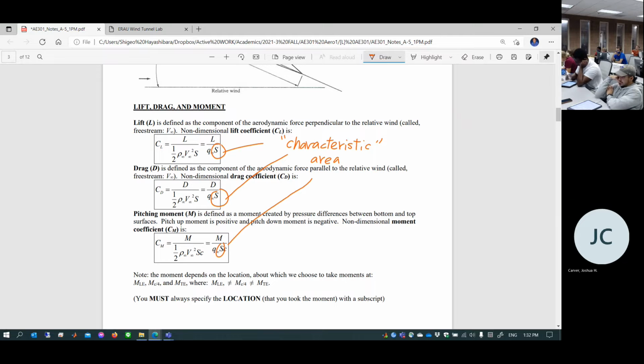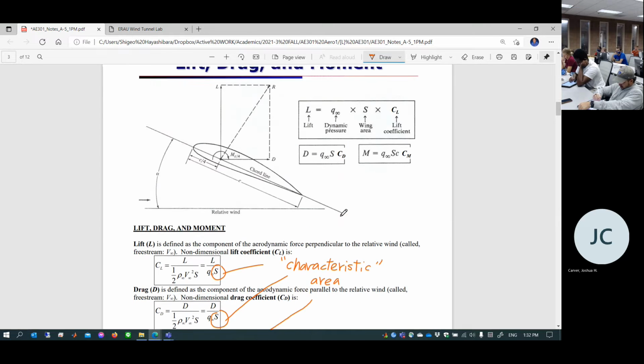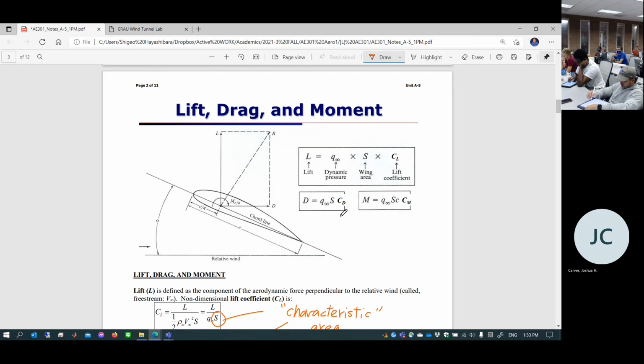Okay. One thing you have to be very careful about is the moment. Moment is called pitching moment. In other words, the moment where the airplane pitches up and pitches down. Now, you can take a moment about just about any location around the chord. You can choose to measure the moment at this location here.